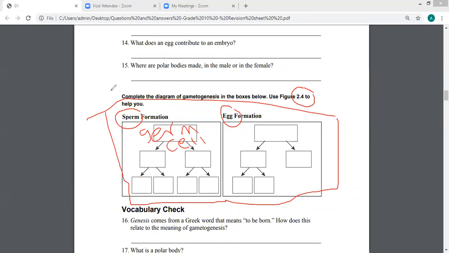In case of sperm formation, it will be the testis. So does it have the total number of chromosomes or half the number? Testis, haploid or diploid?